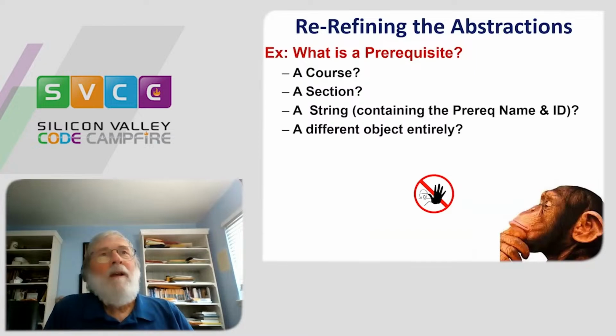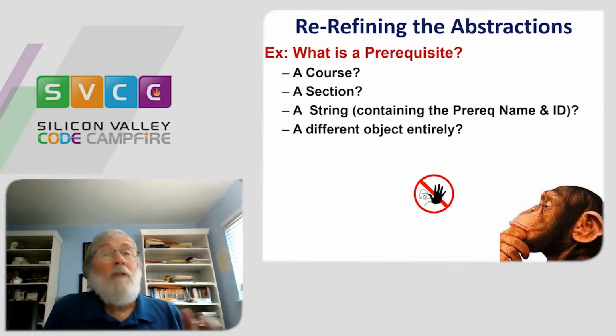We start thinking, what is a prerequisite? A prerequisite is something that you have to complete before you can enroll in a section, actually in a section of a course. So you can't take CIS 2 perhaps before you've taken CIS 1. And we're trying to define what that is. Is it a course, a section?